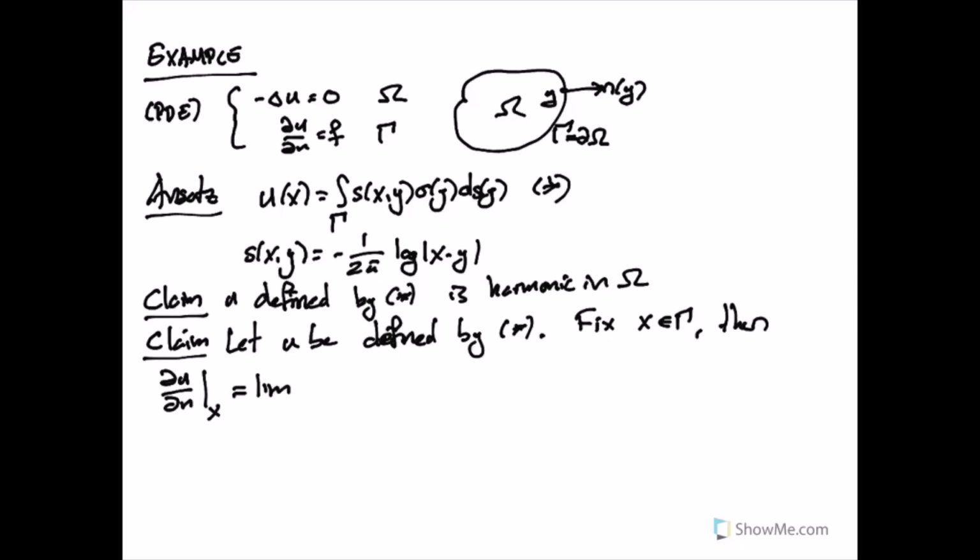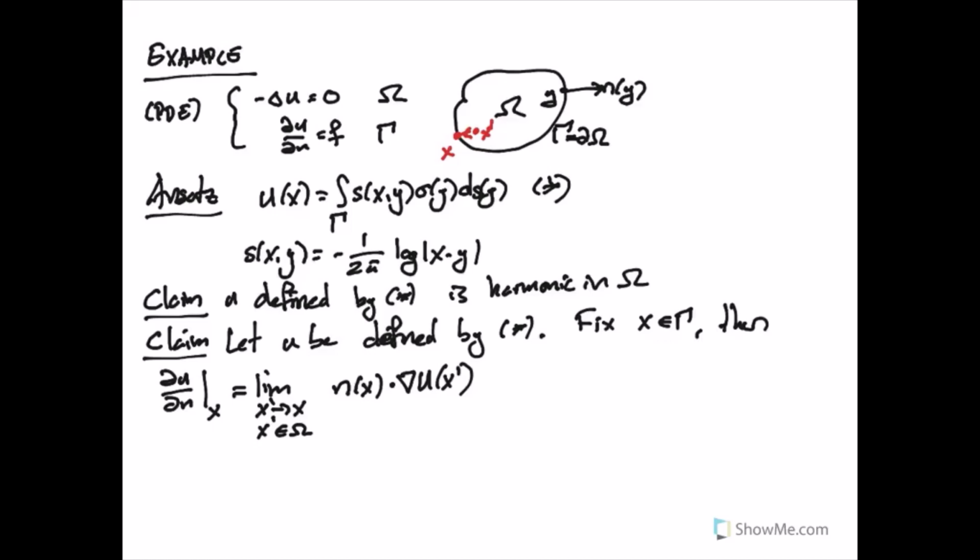What we mean specifically is the limit as x prime approaches x, when x prime is restricted to the interior. So we have some point x on the boundary, we have an x prime in the interior, and as that approaches x, what is du dn? Well, this is the normal at x times the gradient of u evaluated at x prime.